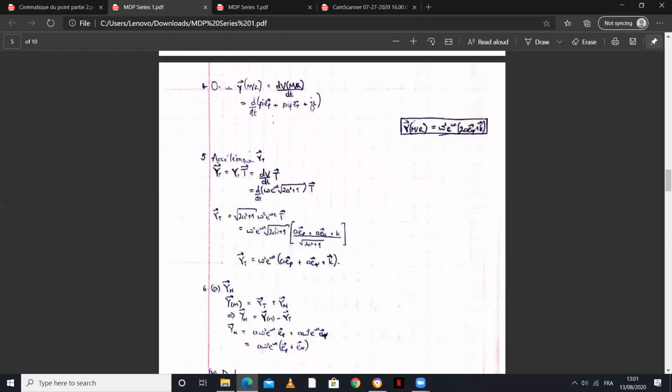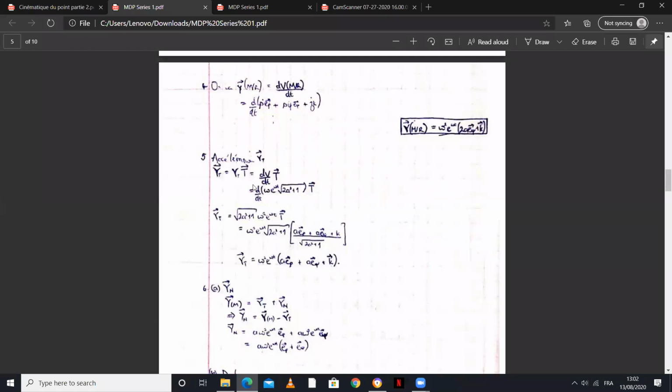You see this square root of 2a squared plus 1 and this square root of 2a squared plus 1 simplify. What's left is omega carré exponential omega t, and what's in the brackets there: a e to the power plus a e phi plus k.